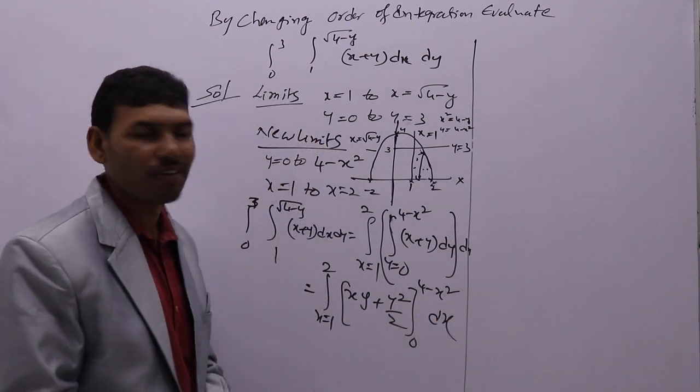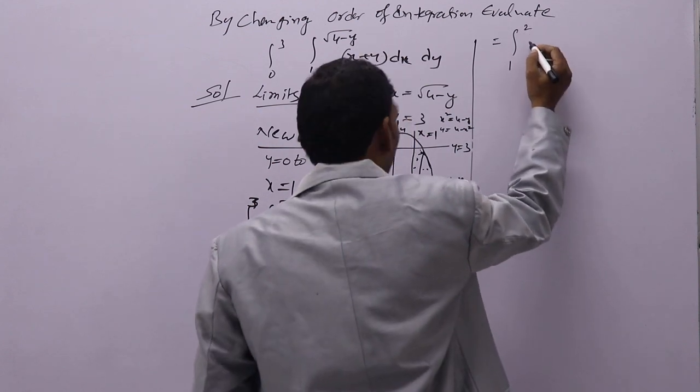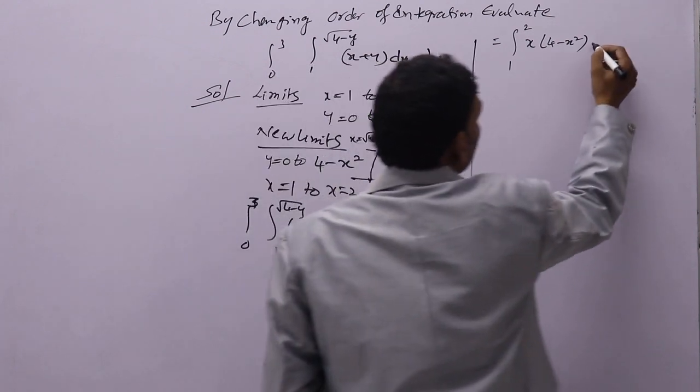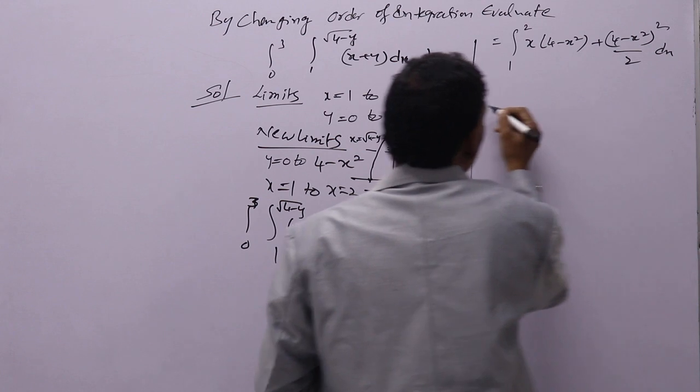Now write in the place of y, 4 minus x square. We get x into 4 minus x square plus 4 minus x square whole square by 2 dx.